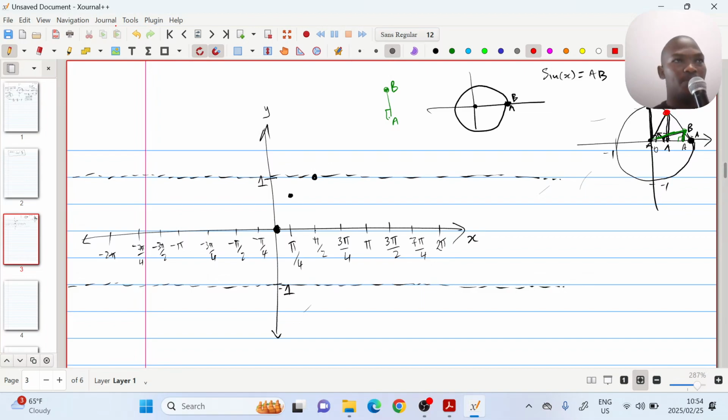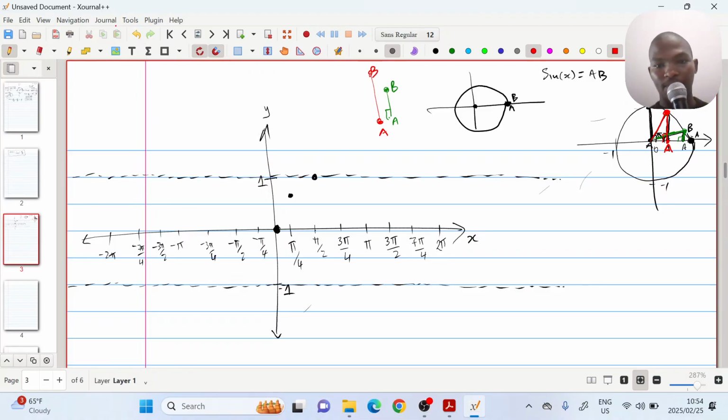That's a new B. So, moving from that point to that point is B, but I want to also draw a perpendicular height to the horizontal axis. And at that point there, I want to mark it as point A. Right, it is perpendicular. Now, I have that thing here, which is the new A and B.